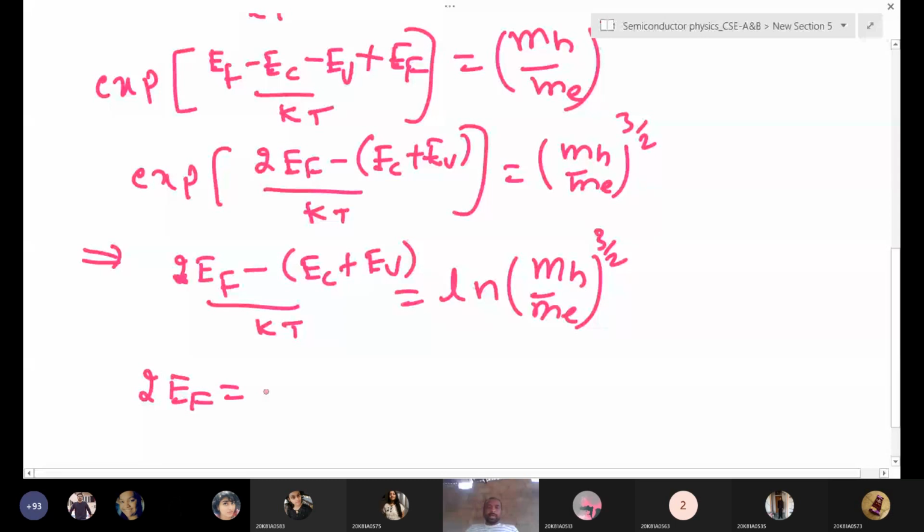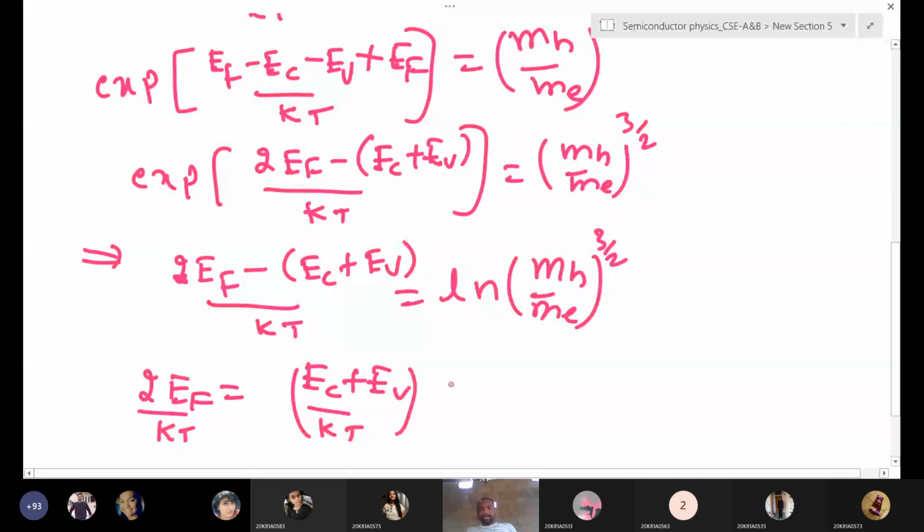This is the Fermi level in an intrinsic semiconductor. EF is equal to EC plus EV by 2. You can put a bracket here for an easy way, plus 3 by 4 KT ln of MH by ME. Okay, this is the Fermi level in an intrinsic semiconductor.